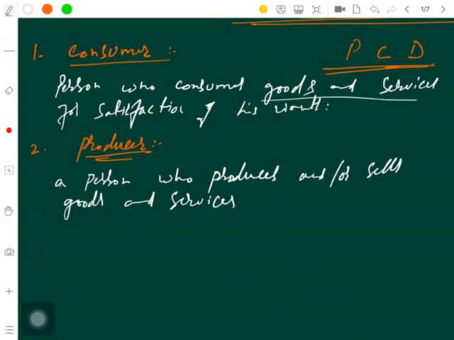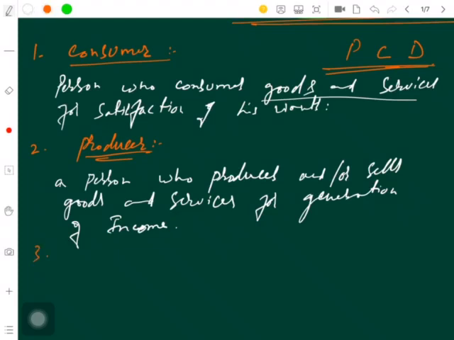And for what? For the generation of income. A person who makes the factors of production come together, combining them, making goods and services and providing them to us, is doing it all for the generation of income. So these are some important things.